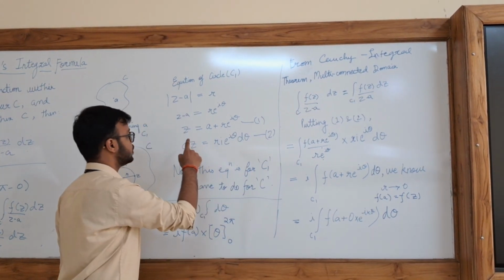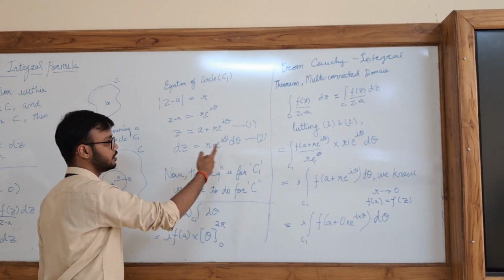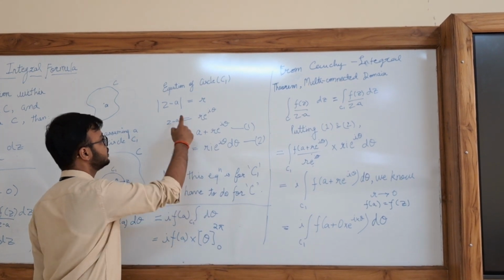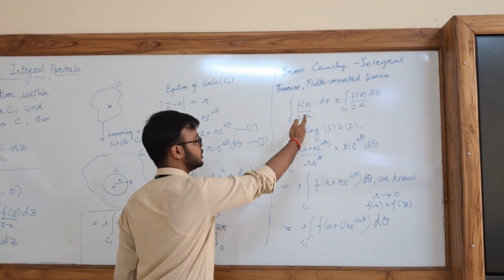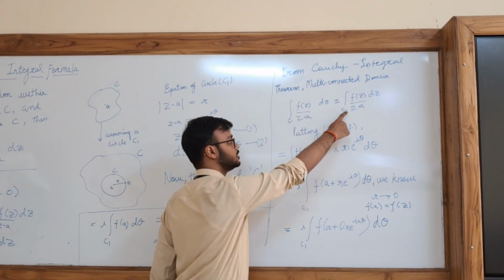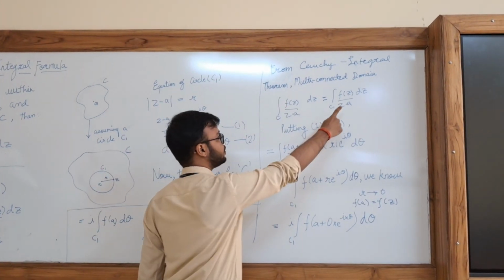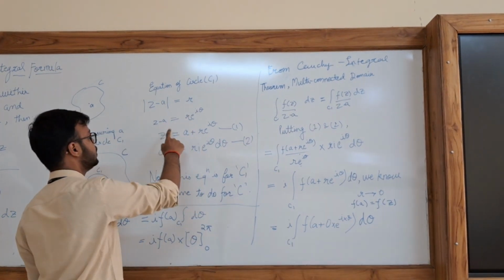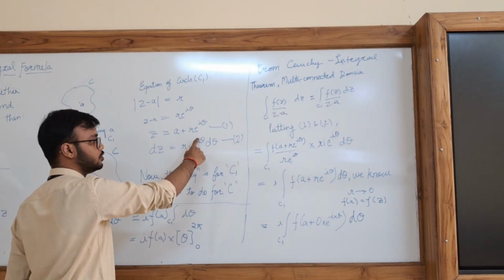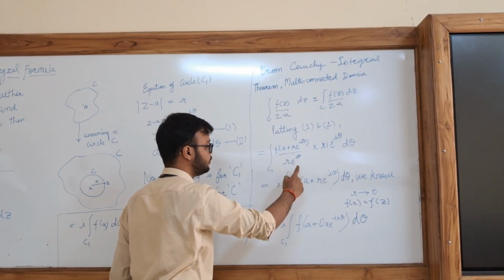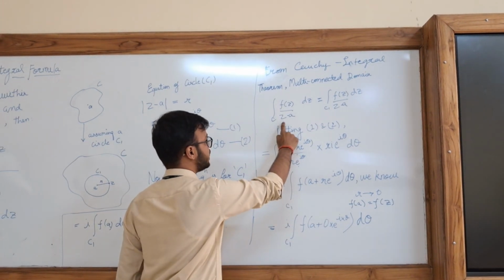Now from earlier we put the values of z and dz into this equation for circle C1. In place of z we keep a plus r e to the power of i theta within f, divided by z minus a.